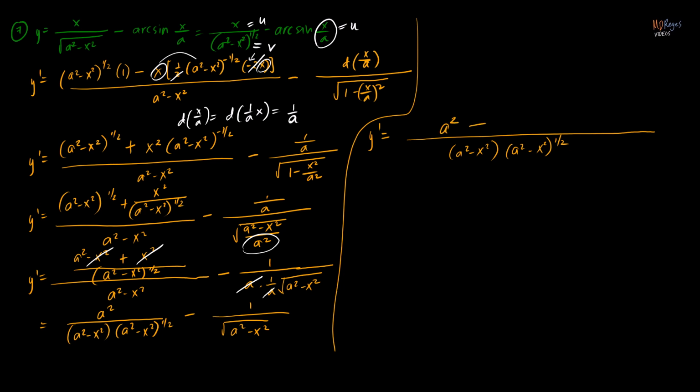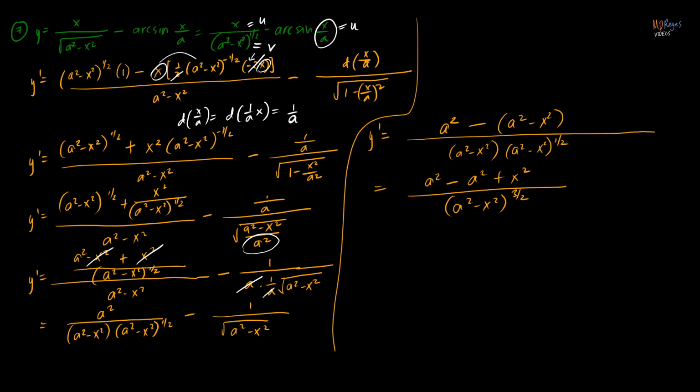Minus, now the LCD divided by the square root of a squared minus x squared is going to give us a squared minus x squared. Remember, this LCD divided by this will give us a squared minus x squared times 1. So that's the quantity a squared minus x squared. So we'll have a squared minus a squared plus x squared upon removing the grouping symbols, over multiplying the denominators, we'll get a squared minus x squared raised to 3/2.